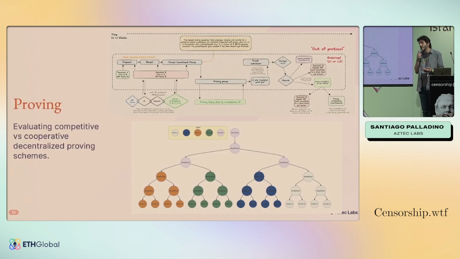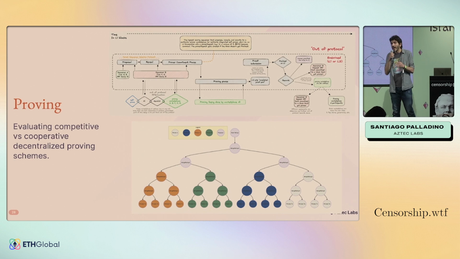And we're currently evaluating different options for proving that pair well with the sequencer proposal, both cooperative and competitive networks. In competitive networks, we know that we can foster innovation, competition between the different providers in researching better techniques for faster and cheaper proving. And in cooperative networks, we know that we can foster a higher diversity, which should lead to lower censorship.